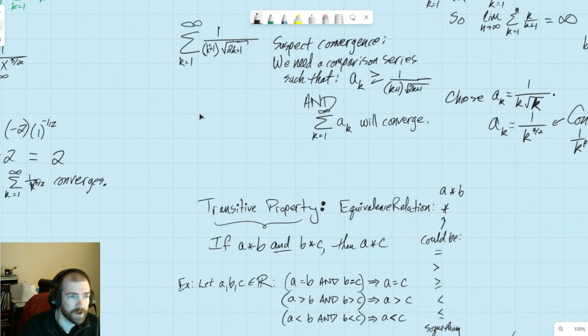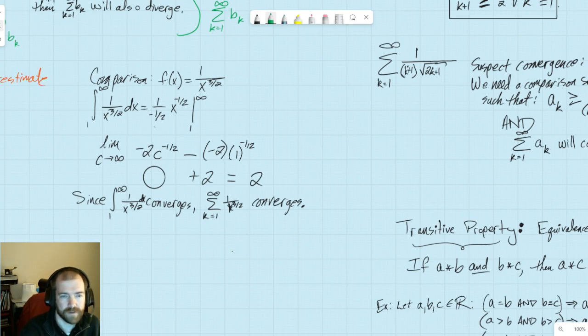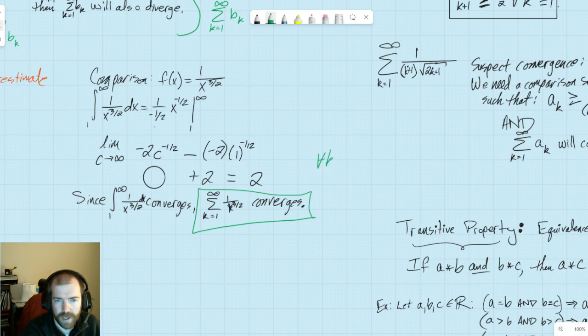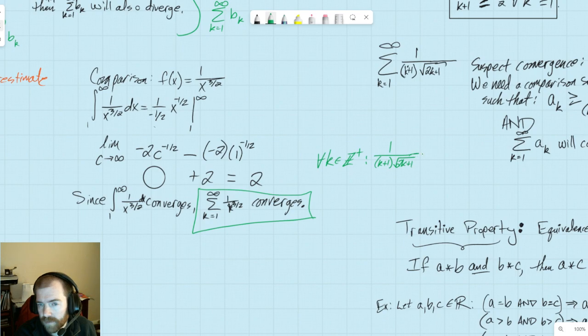Now we know that this thing converges, and also for every term, for all k belonging to the positive integers, we had that 1 over k plus 1 times the square root of 2k plus 1 needs to be less than or equal to 1 over k to the 3/2.